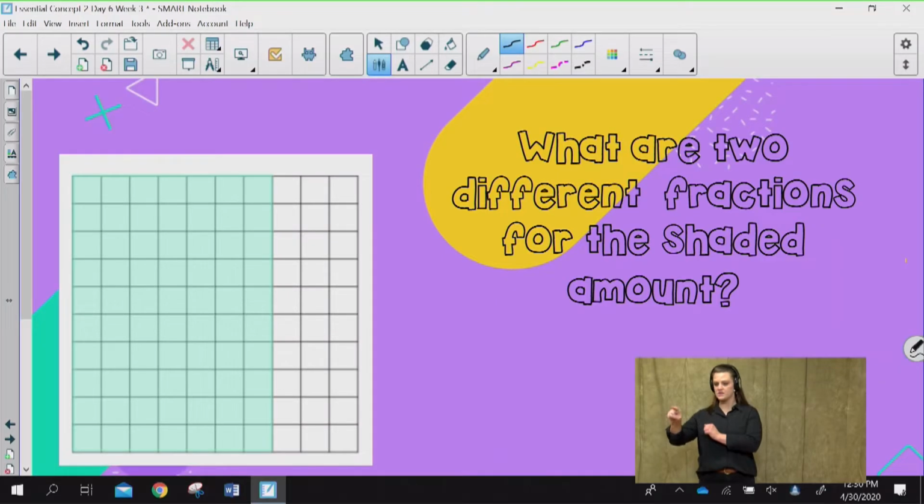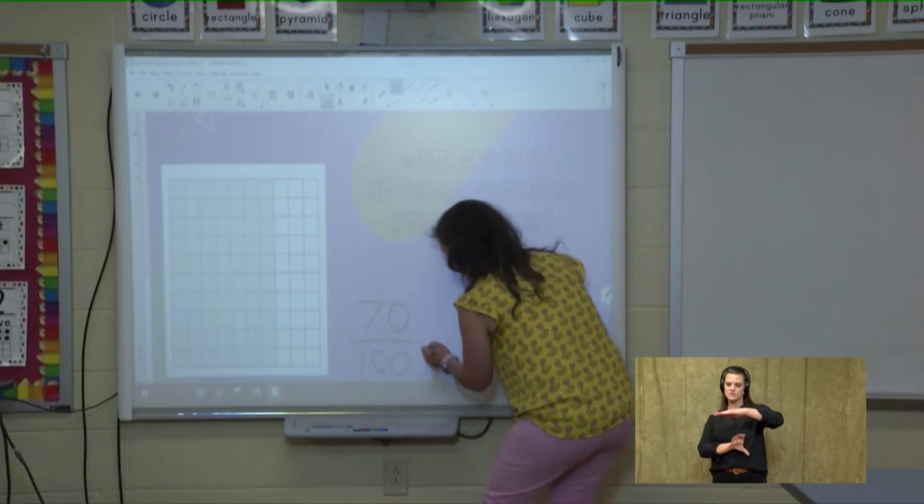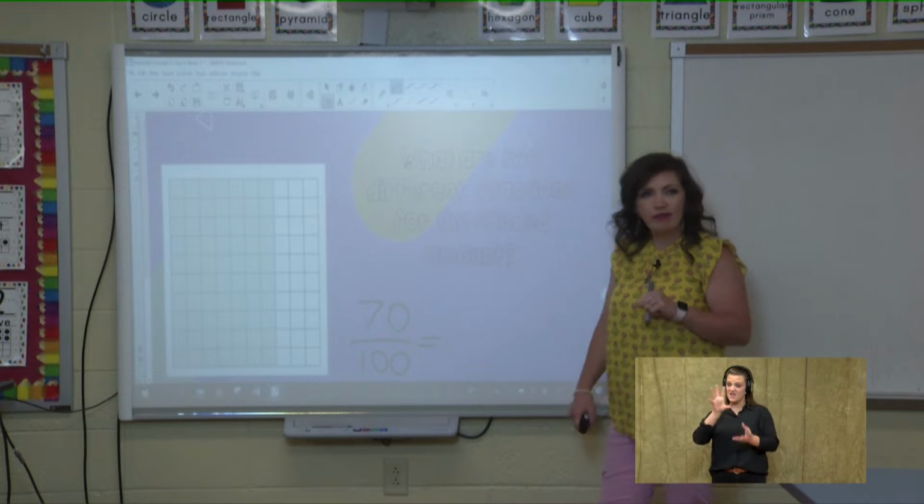So let's do a little review of what we did on Monday. Let's look at our hundreds grid over here. What would be one fraction that you notice that's displayed on my hundreds grid? Well, we could say 10, 20, 30, 40, 50, 60, 70. All right, so that would look like 70 hundredths. But can we find an equivalent fraction to that?